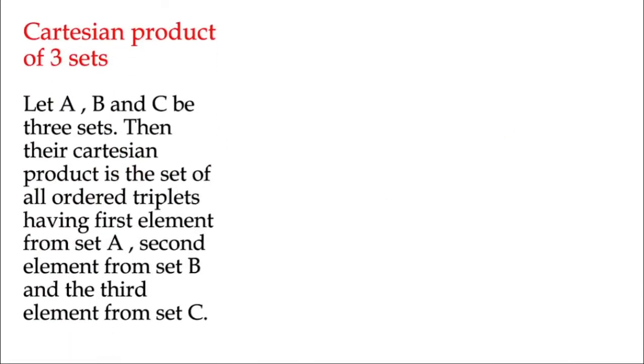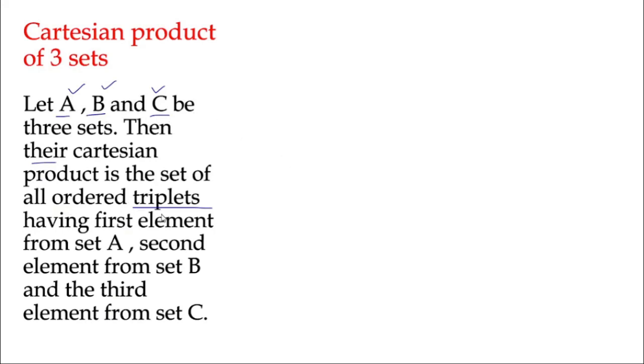So we have already discussed the Cartesian product, but only in the case where two sets are present. So what will be the Cartesian product of three sets? Let A, B and C be three sets. Then their Cartesian product is the set of all ordered triplets, because I am involving three sets, so I will be picking three elements from sets A, B and C respectively.